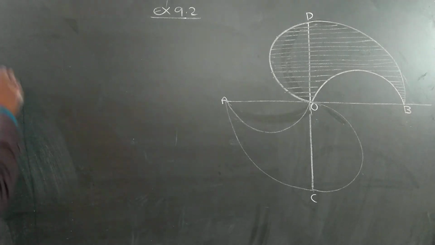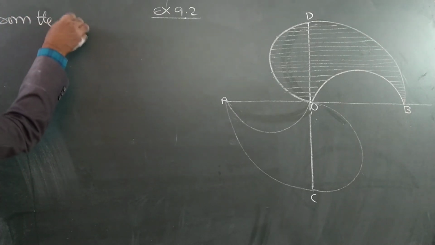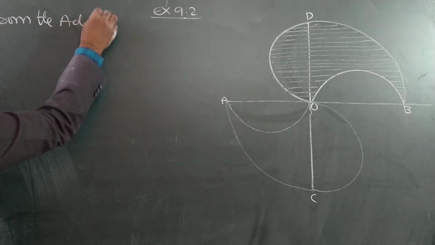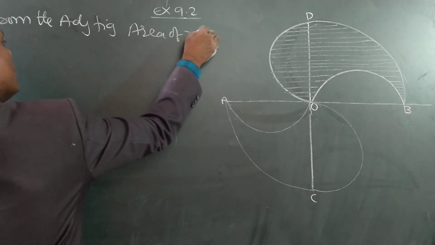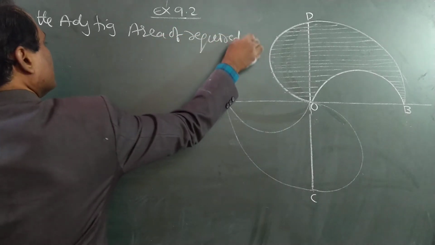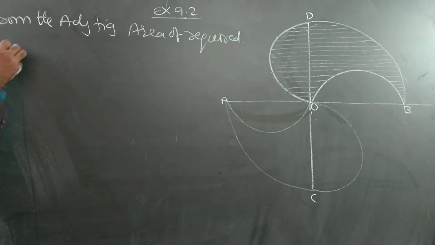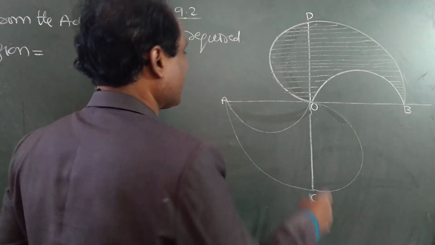See here. From the adjacent figure, the area of the required region. What is the area of this required region?